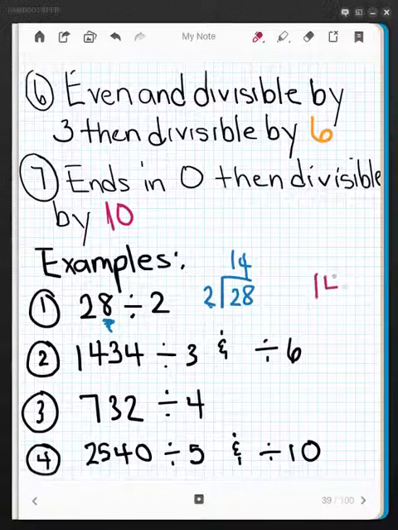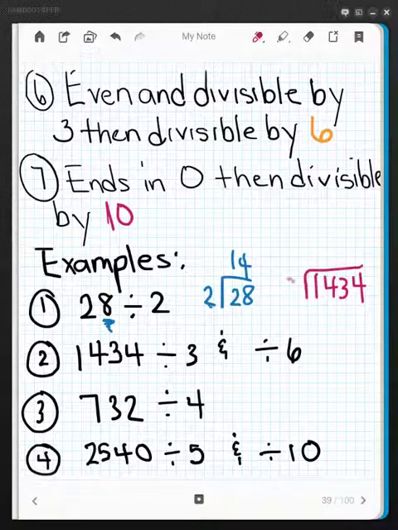So 1, 4, 3, 4. The check to see if it's divisible by 3 is to add the digits. 1 plus 4 is 5, and 5 plus 3 is 8, and 8 plus 4 is 12. 12 is indeed divisible by 3, so this number should be divisible by 3.